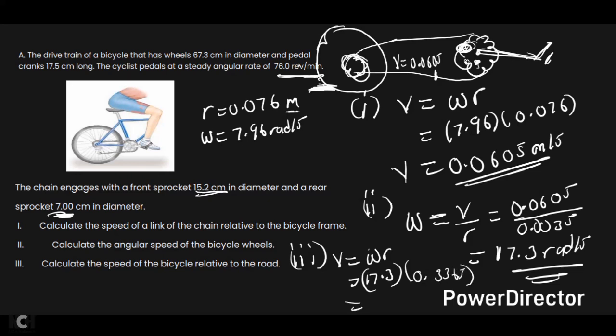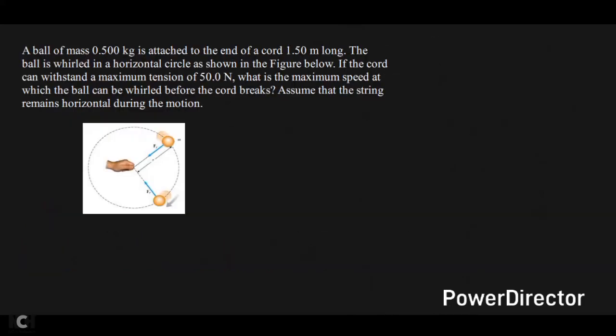Meaning that when you multiply that by 17.3, it will give us 5.79. So that's meters per second, like that. So that's how you calculate that in the simplest way.